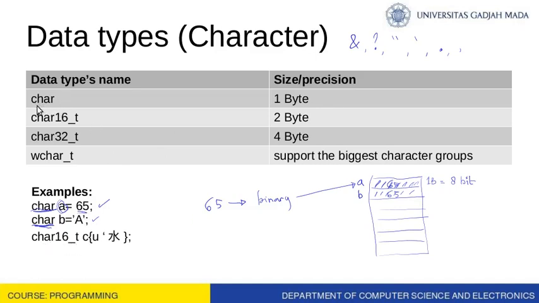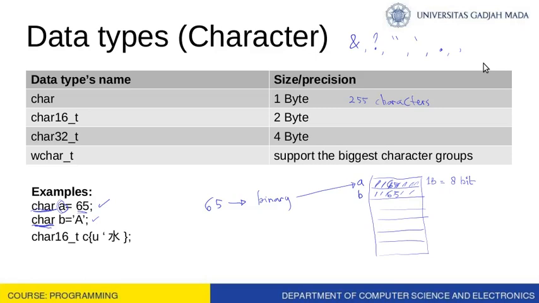So this data type is only 1 byte, which means that we have 255 characters. We only have 255 characters.